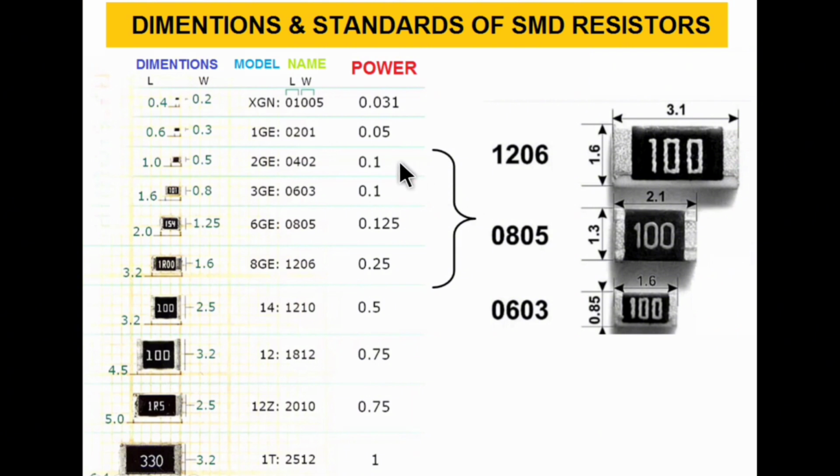Dimensions and standards of resistors. There are a lot of smaller SMD resistors in the market. Each of these has a name. For example, they say 1206, 0805, 0603.